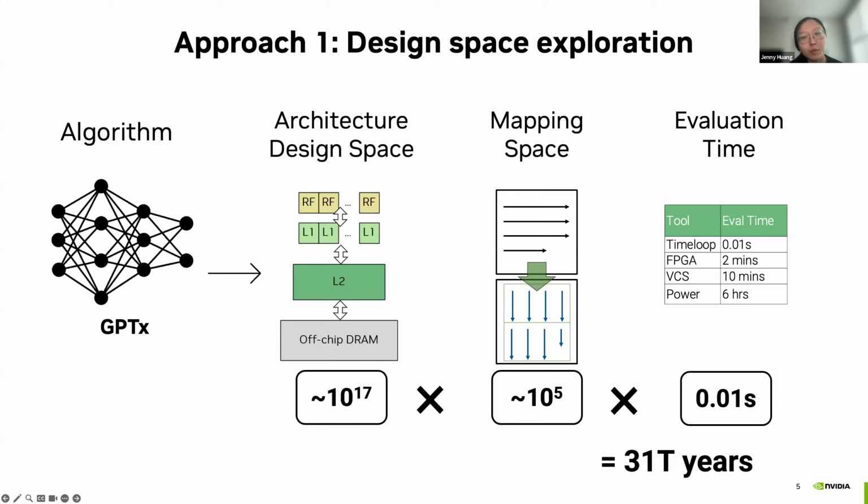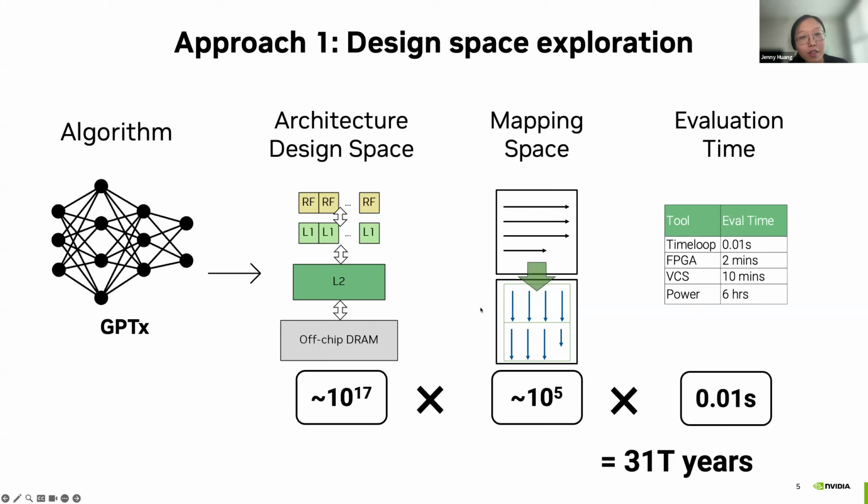And for different simulators or evaluation tools, the evaluation time can also take pretty long, ranging from a few milliseconds to hours if you want more detailed feedback for each design point.